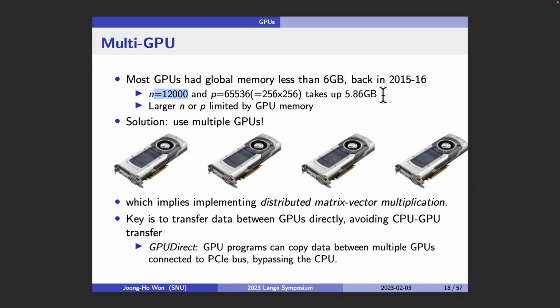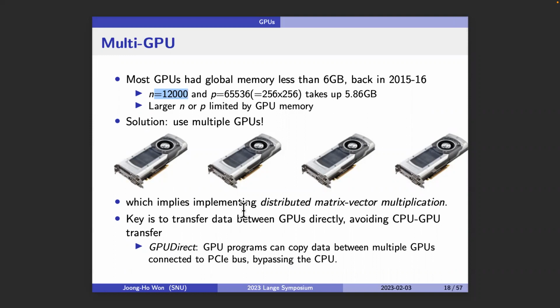So if you want to do some large size problem, you get memory bound. So there can be a solution if I use multiple GPUs. If I use two GPUs, that's 12 gigabytes, 3 GPUs, 18 gigabytes. Okay, so that will solve the problem, but not really.